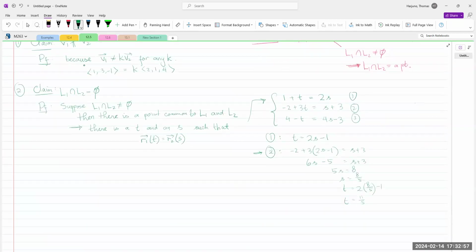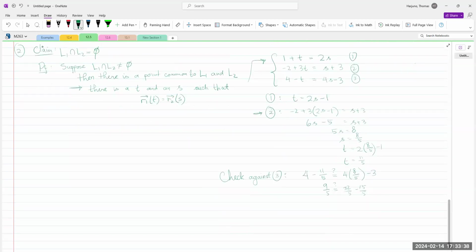Now, like I said earlier, check against equation 3. 4 minus T, is it equal to 4S minus 3? That's 9 over 5. Is it equal to 32 over 5 minus 15 over 5?